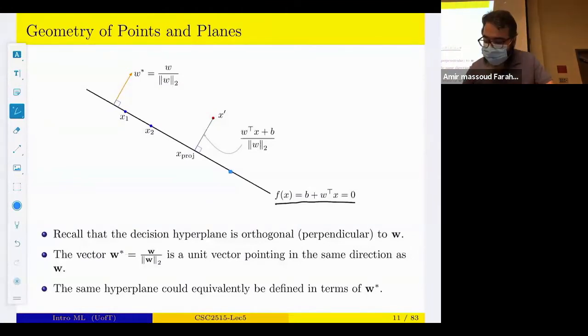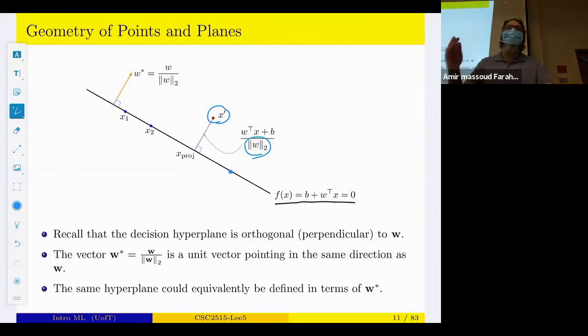But if we have a point x' here, the distance of it can be calculated to be equal to (w^T x' + b) divided by the L2 norm of w. You can prove it, but I'm not going to prove it. That's a property of the distance of a point to a hyperplane, how to compute it. That would be the equation for it.